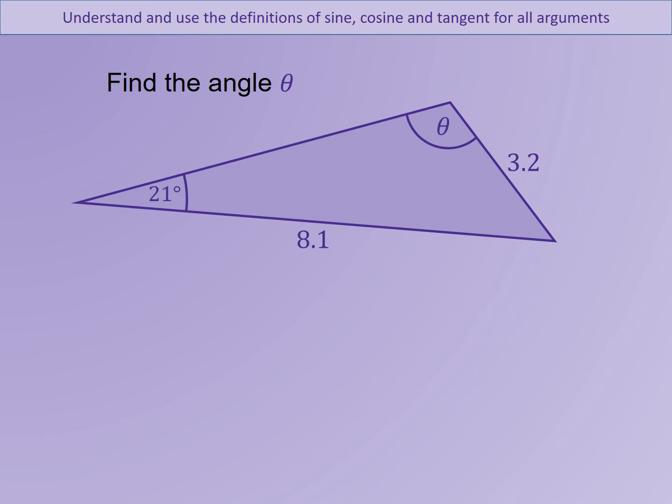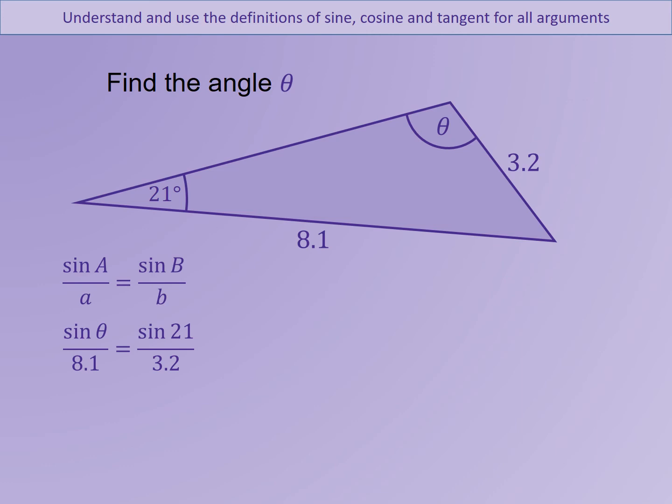And because it is the angle that we are being asked to find, then I am going to use this version of it. And I am going to replace the values that I have in my triangle into the sine rule formula. So sine theta over 8.1 is equal to sine 21 over 3.2.